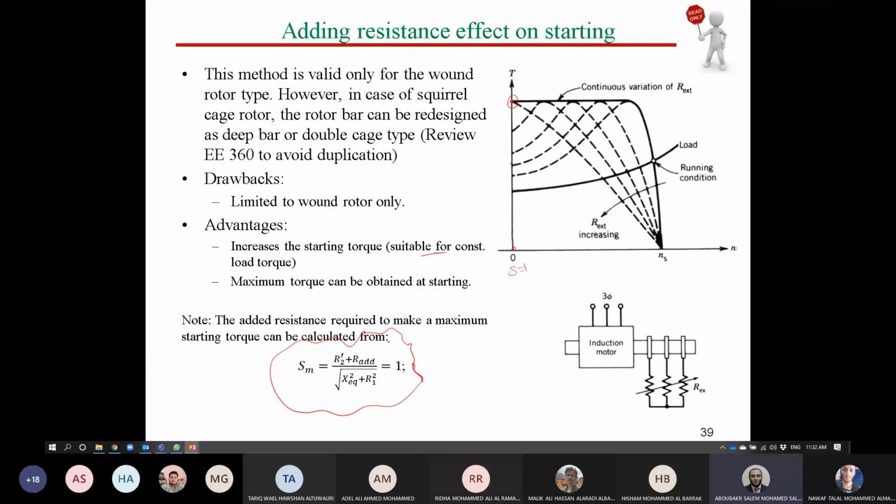And in this case, you can get the value of added resistance. Right? And we discussed it, and we had a problem in our lab in the previous exam regarding this part, and unfortunately, most of you did not solve this problem. So please, just study this part well.